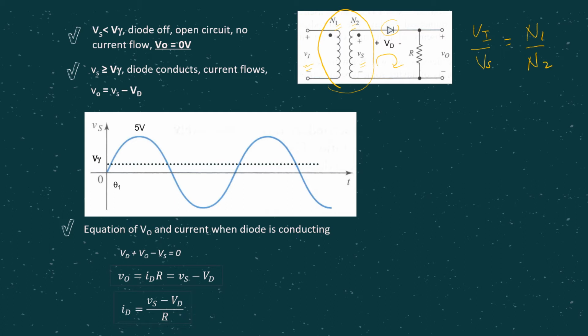Meaning to say, if the transformer turns ratio is given and Vi is given, we can find Vs. And take note, this Vs is being used in our diode analysis. But in the case that Vs is straight away given, you don't have to do this part. You can straight away use the Vs value that is given in the example.